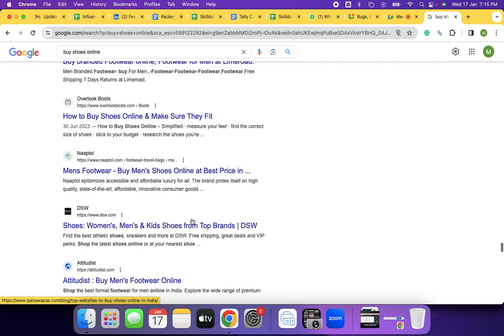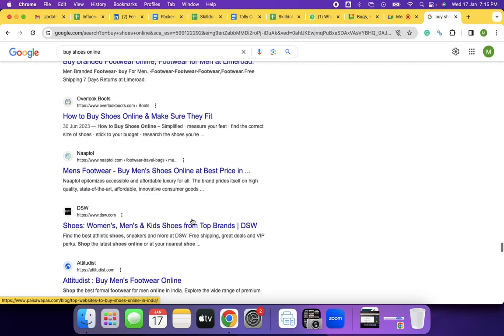But of this, only 20 people have clicked on Myntra, 10 on Tata CLiQ, 8 on Amazon, 7 on Flipkart. This way they kept on scrolling and clicked on different websites. So now you have to understand the terms impressions and clicks. If I'm clicking on this, it's counted as a click, and if I'm seeing it, it's counted as an impression.